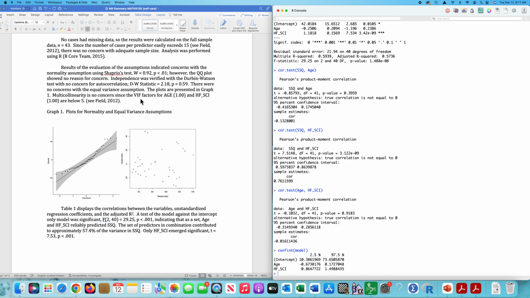Keep in mind with multiple regression, I teach a 2-semester class on multiple regression. There's a lot going on behind the scenes. I can't teach you everything. I have to teach you surface level stuff, just enough to where, as a health science researcher, you could run and report the results of an MR model.